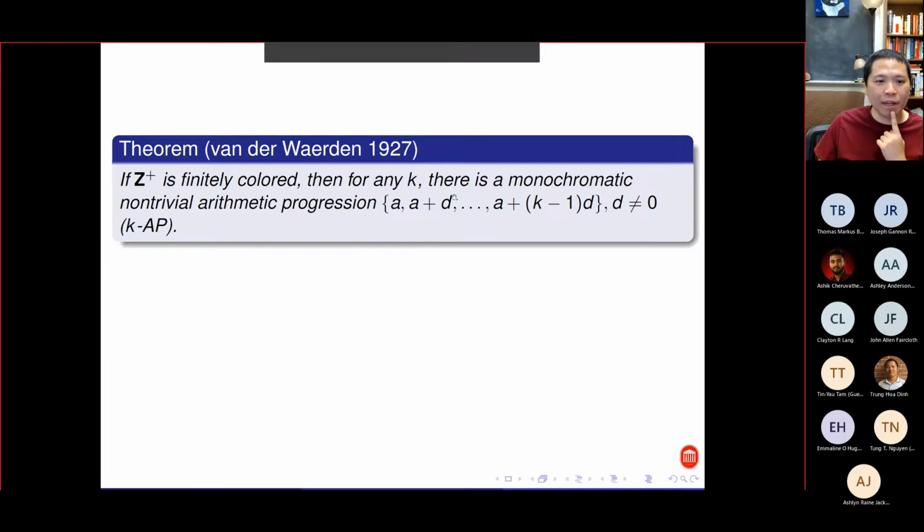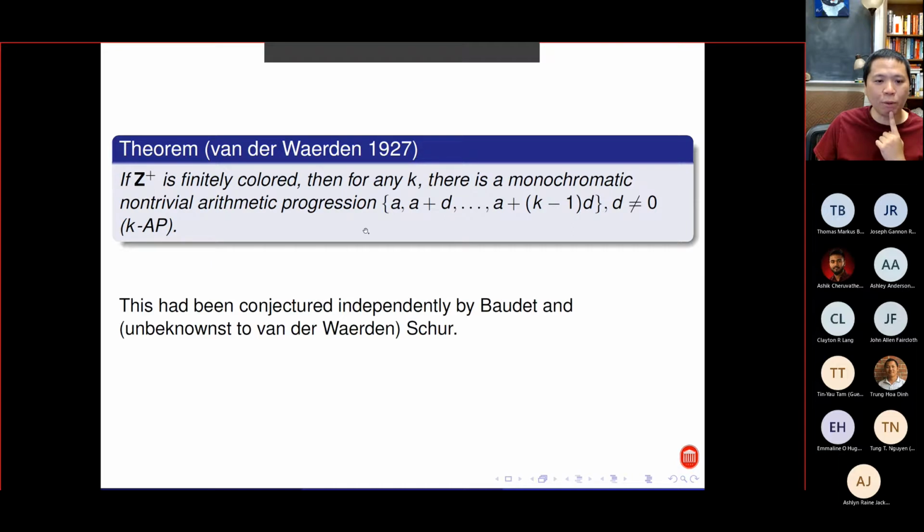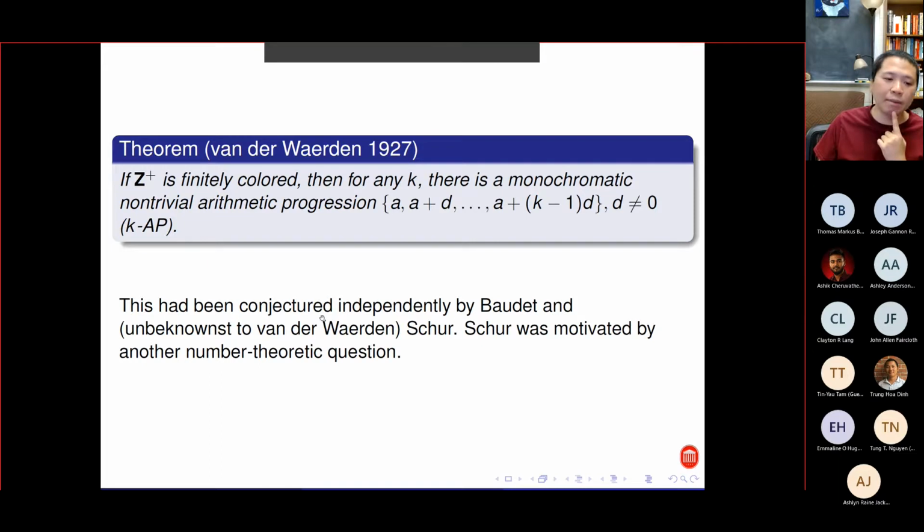Van der Waerden was the first one to prove it, but it was conjectured previously and independently by Baudet and Schur as well. Again, Schur asked this question because he was motivated by another number theoretic question. Any questions?